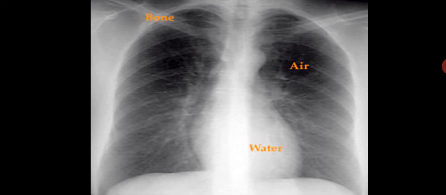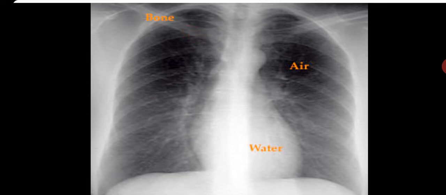So first we will be talking about a normal chest X-ray. Before that, let's just see how a chest X-ray looks. So in this image, you can see a white area. This is a bone, and as we all know, bones are radio-opaque. So this is how a bone looks in an X-ray.